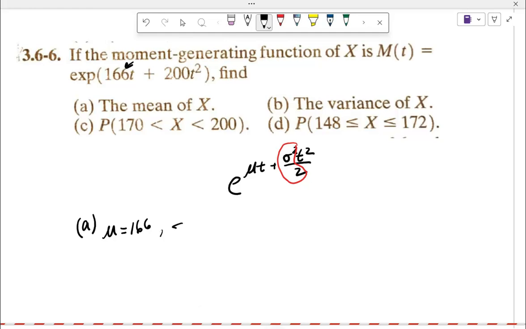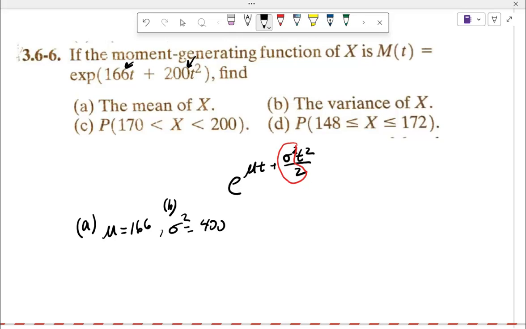What about the sigma squared? It's 400, right? Because that coefficient is half the variance. Because sigma squared over 2 has to be the 200 here. Oh, I guess that was part B. They were both part A. That okay?